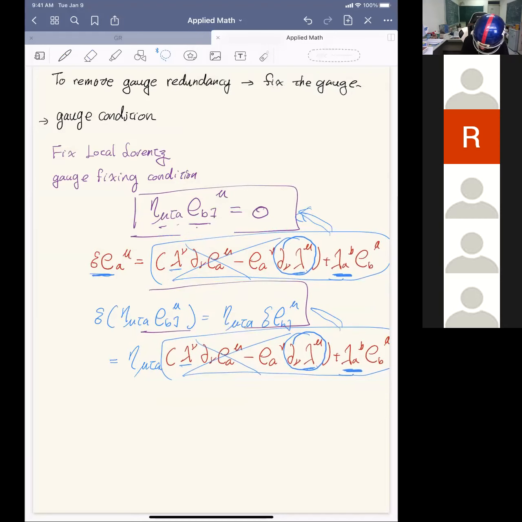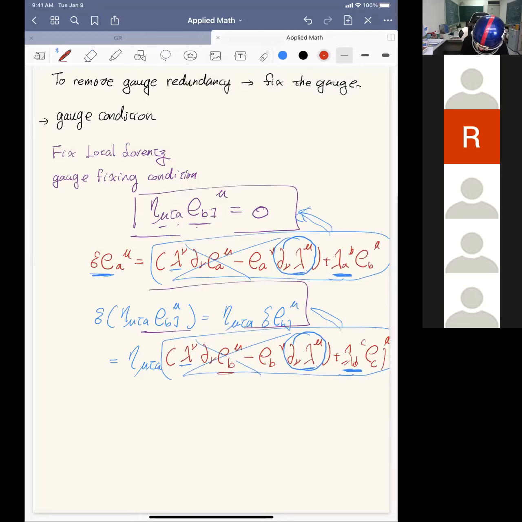Of course, this is really B here, so I'll just erase this. This is B. Okay, great. So this is the variation that we have.